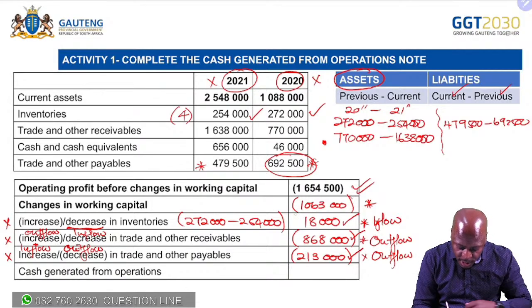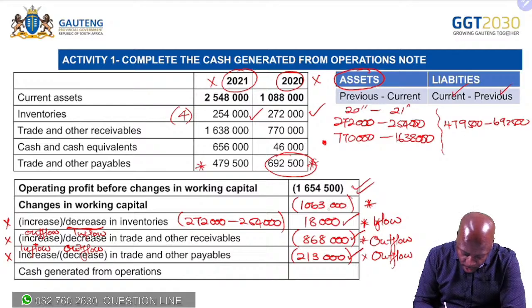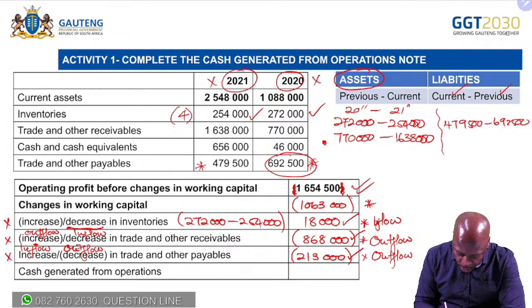Then you now say your operating profit before changes in working capital, which was 1,654,500, okay, and then you subtract 1,063,000. So remember, this one is not in brackets. We did it earlier on. It is not in brackets. And then you are saying this is a positive 1,654,500. Then you subtract your 1,063,000, which we just got now.